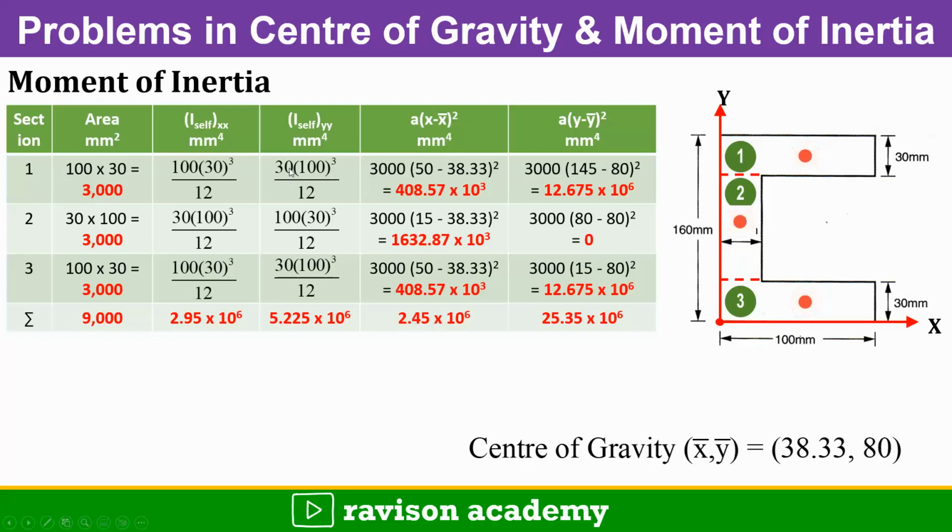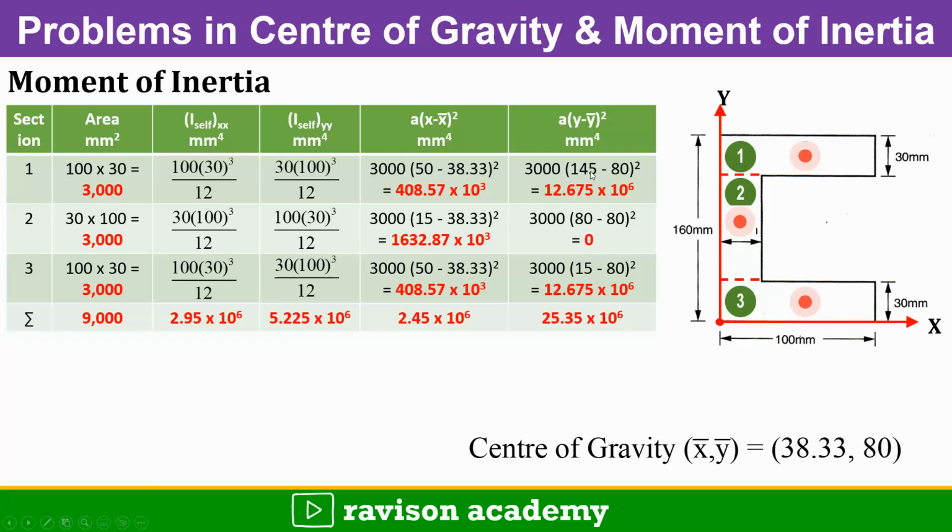Next, a into x minus x bar the whole square. The area is 3000, x is 50 for the first section and x bar is the centroidal distance, 38.33. On substituting, we get 408.57 into 10 power 3. For the next column, the area for the first section is 3000, y for the first section is 145 and y bar is 80.